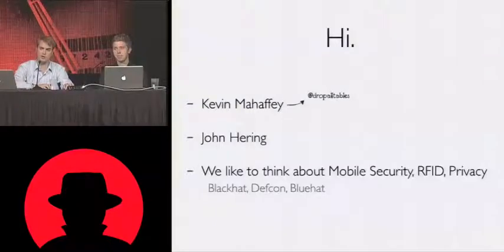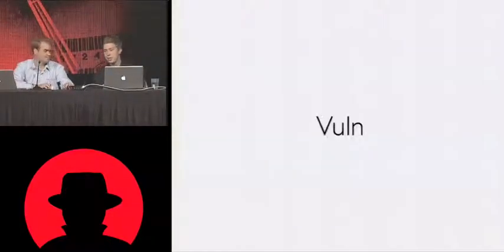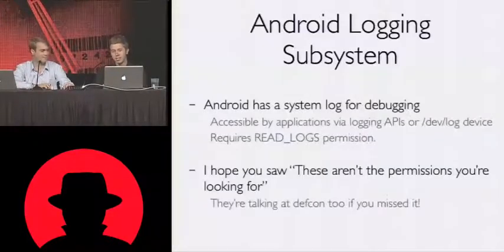So let's kick things off with a vulnerability. In the beginning, there was vuln. As some of you may know if you were here for Anthony, David, and Tim's talk on "These Aren't the Permissions You're Looking For," Android has a logging subsystem. It's much like other logging systems.